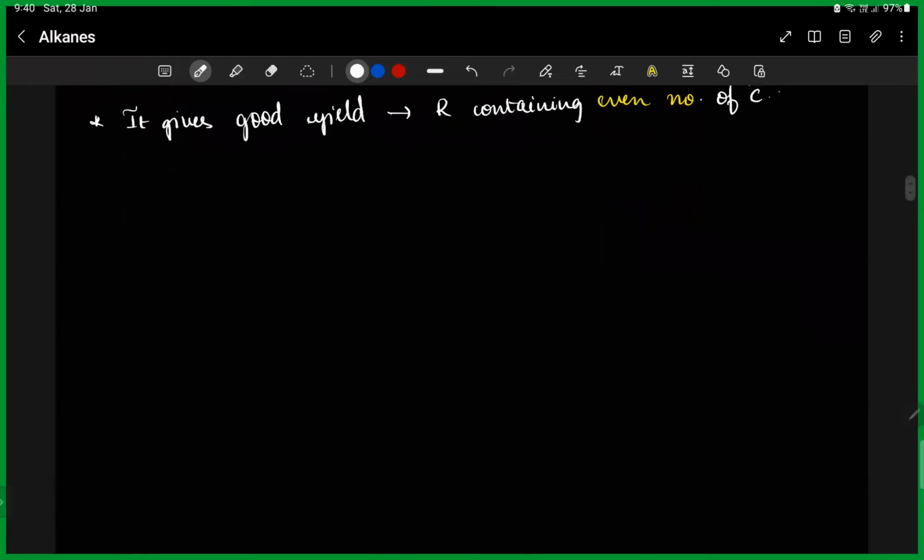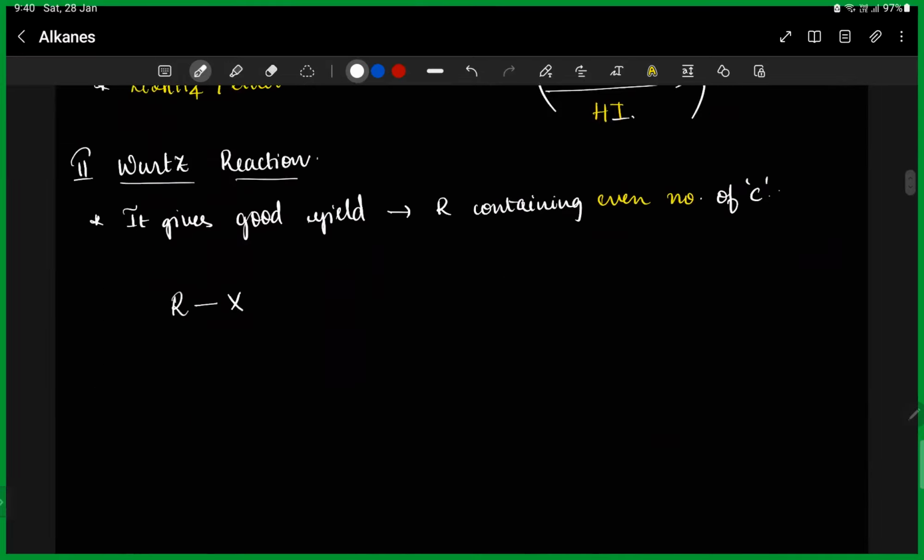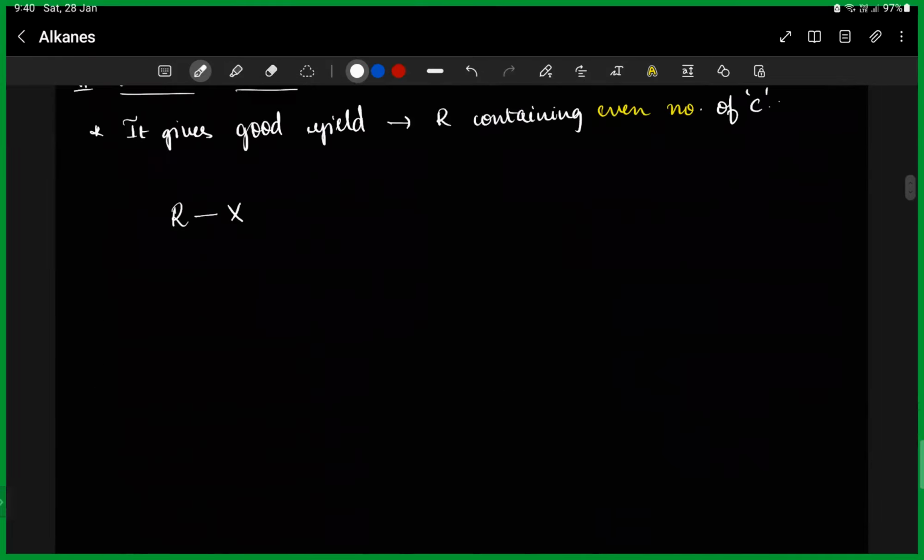So let's see how Wurtz reaction takes place. You take an alkyl halide. Here all will be regarding alkyl halide only. You add 2 moles of Na, and the reaction takes place in the presence of dry ether.